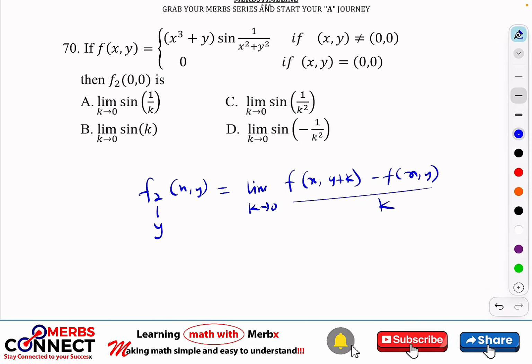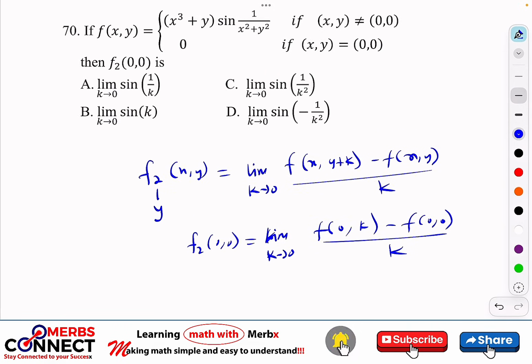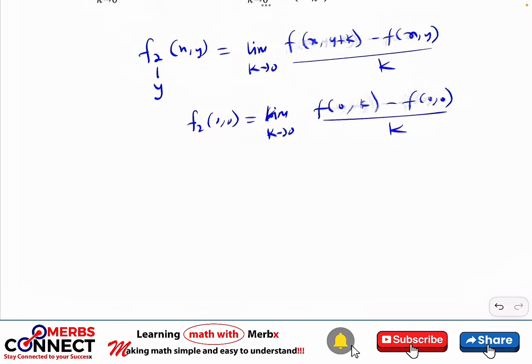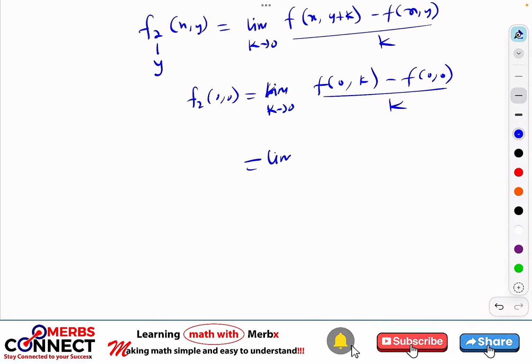Now we need f of 0, 0. So f_y of 0, 0 is going to be the limit of f of 0, k minus f of 0, 0 divided by k. F of 0, 0 is 0. So we are going to have the limit k approaching 0, f of 0, k divided by k. So we just need f of 0, k.